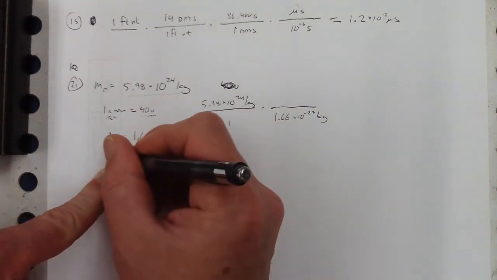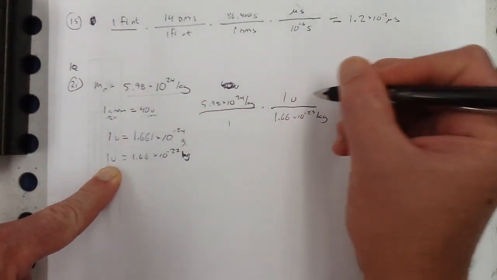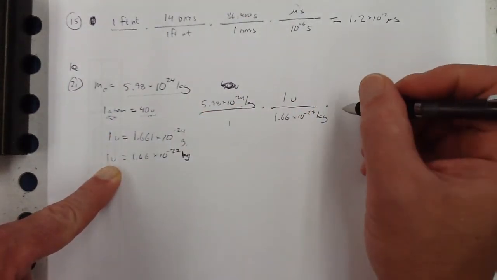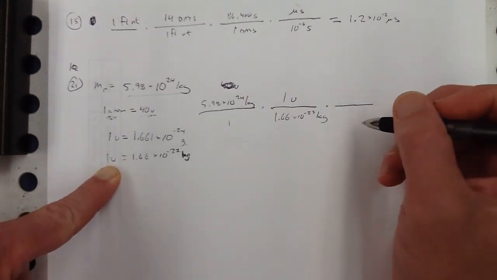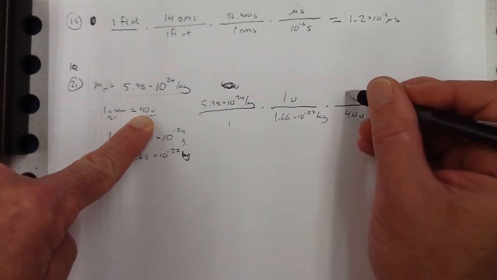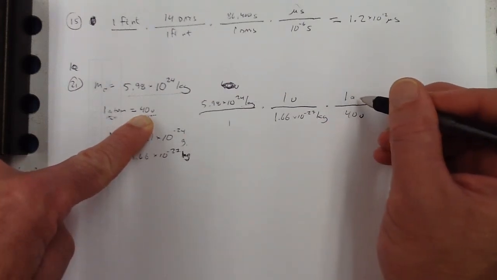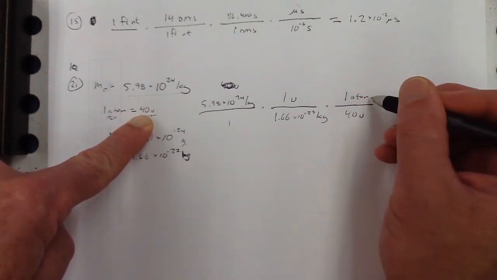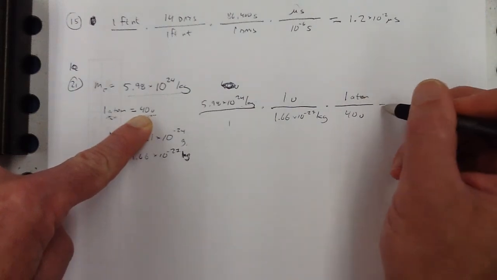That's equal to 1 atomic mass unit, and here 40 atomic mass units on the average. That's like one average atom. And that's it.